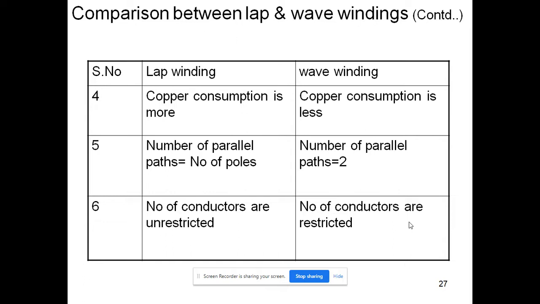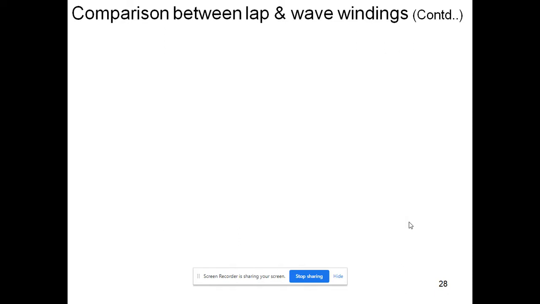And in a lap winding, the number of conductors is unrestricted. Whereas in a wave winding, these conductors are restricted.